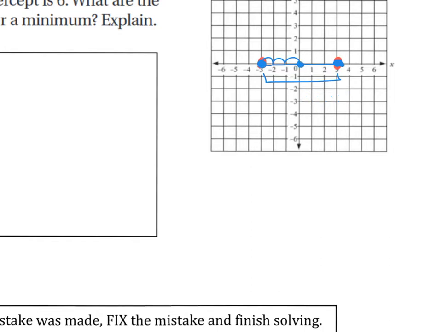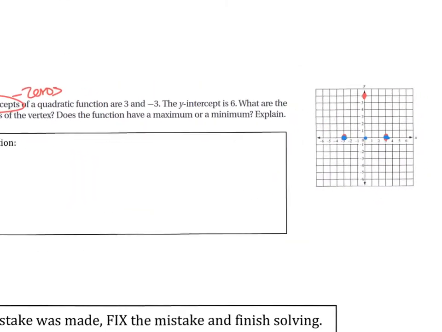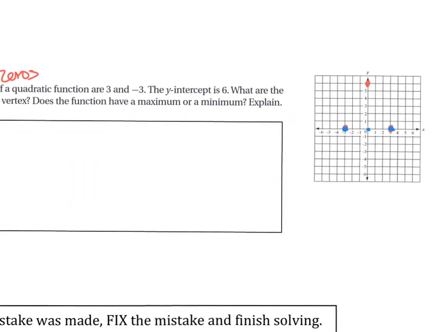All right, so again, we found the distance from one 0 to the other. And from there, we divided it by 2 because it's halfway, and there's our vertex, right? Now, let me zoom out a bit. What we should notice is that our y-intercept and our vertex line up along the same line, so that means that this y-intercept is also our vertex.